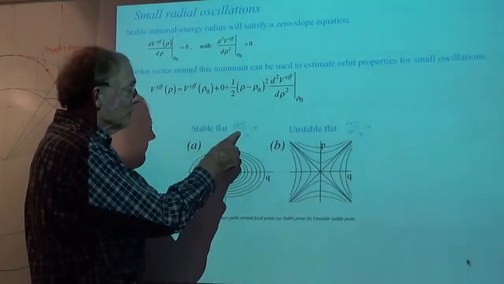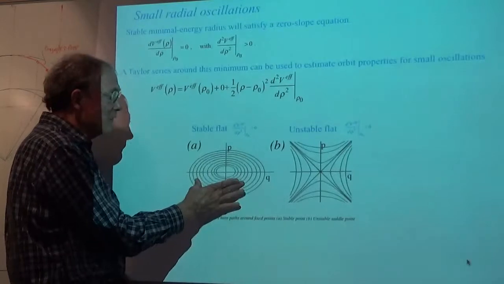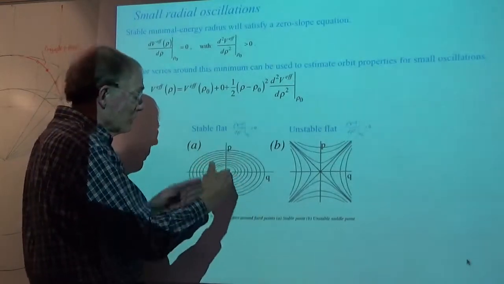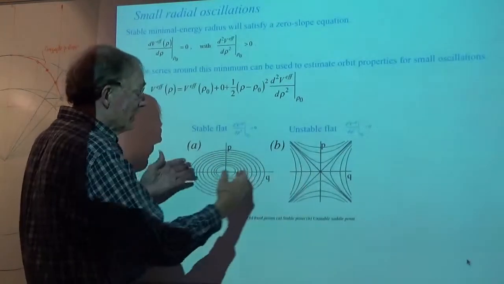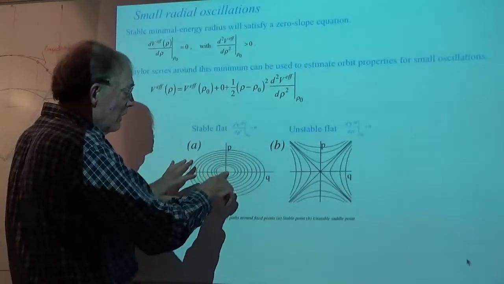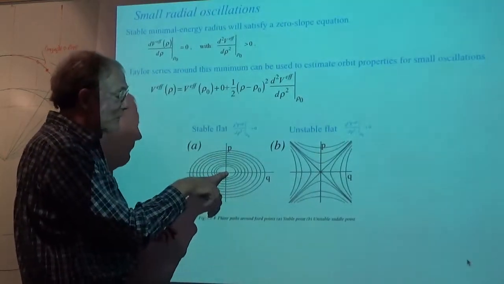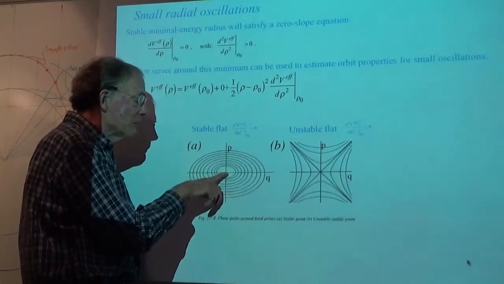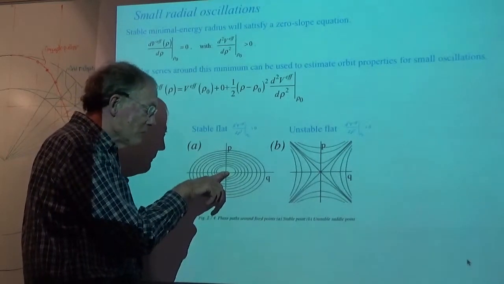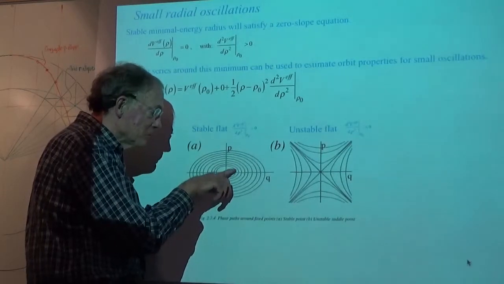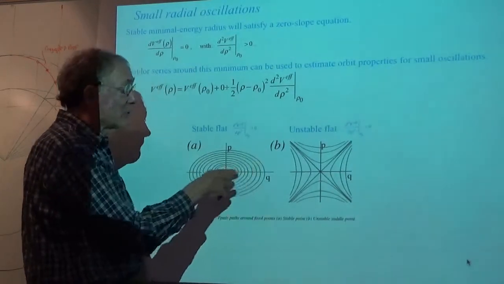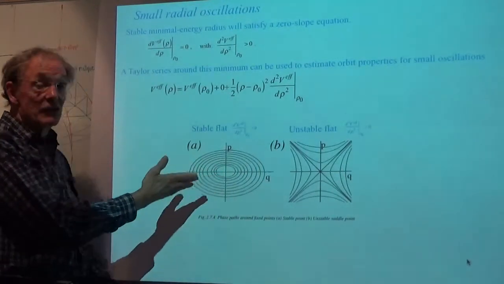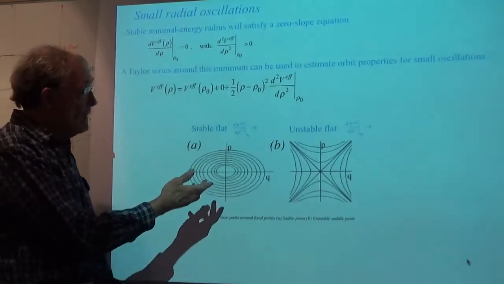Now, this one would be unstable even if this curvature was into the board. That is, if this was a maximum, then obviously the slightest disturbance from that flat would get it started moving, and it would go away exponentially, just like we talked about in the case of the Trebuchet model.